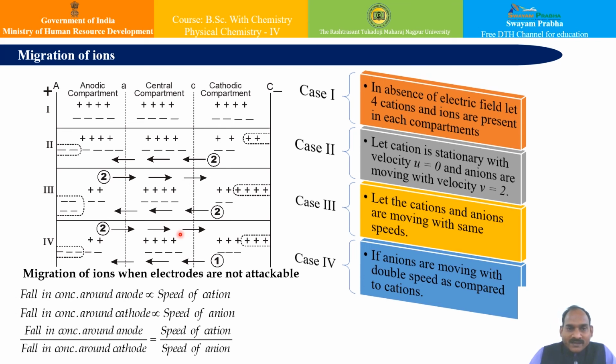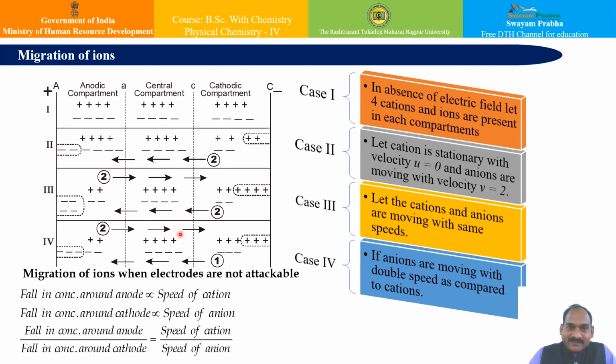Now from all these cases, all these observations, we can make certain conclusions. Firstly, the number of cations and anions discharged at both the electrodes are always equal irrespective of their speed.